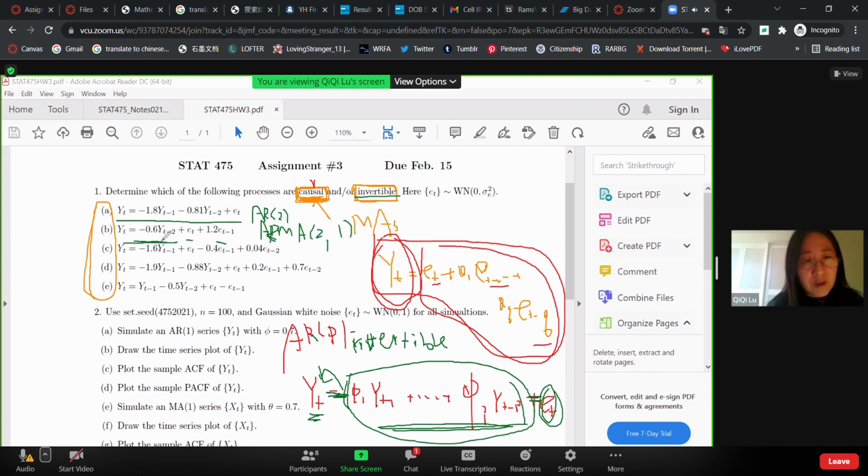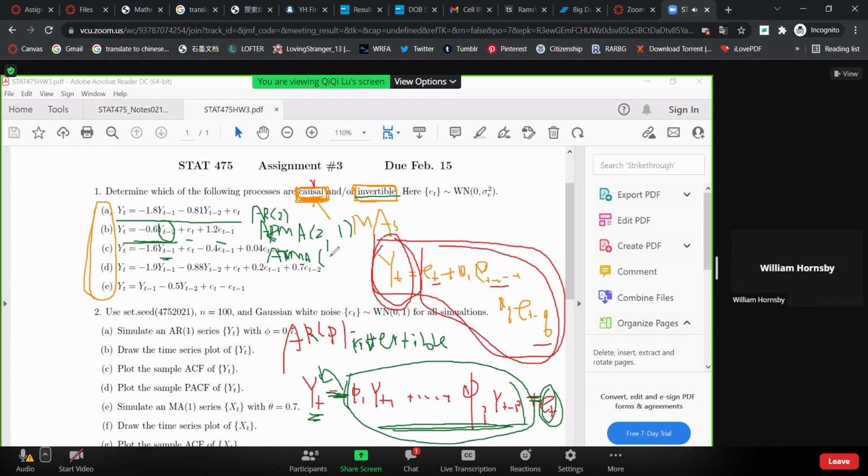You see Y_{t-2} here, so that's ARMA(2,1). And the third one is ARMA too. You see Y_{t-1}, so that's 1, and there's another 1, and then a 2.